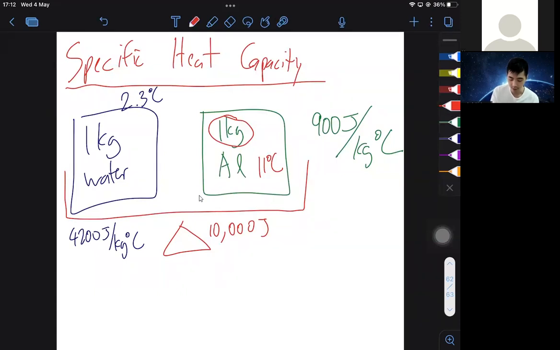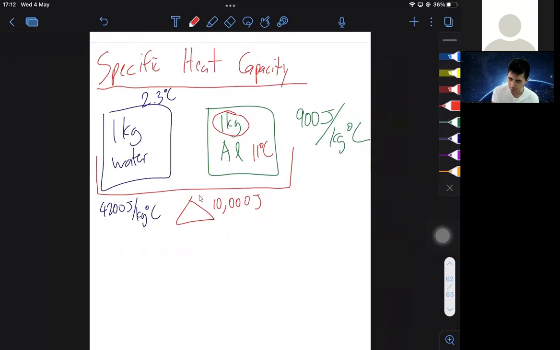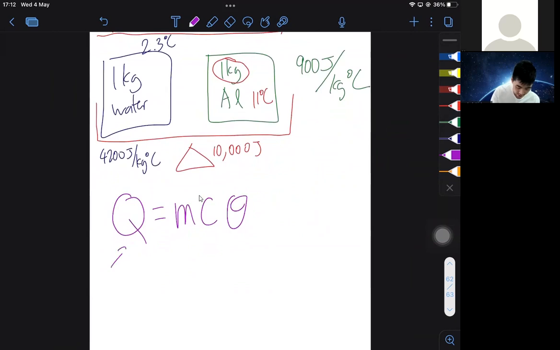Okay. Now, in terms of specific heat capacity, there is a super duper important formula which everyone should know. And the formula is given as Q equals MCθ. Now, this Q here basically stands for heat energy, which is measured in joules. This M stands for mass, which is obviously measured in kg.